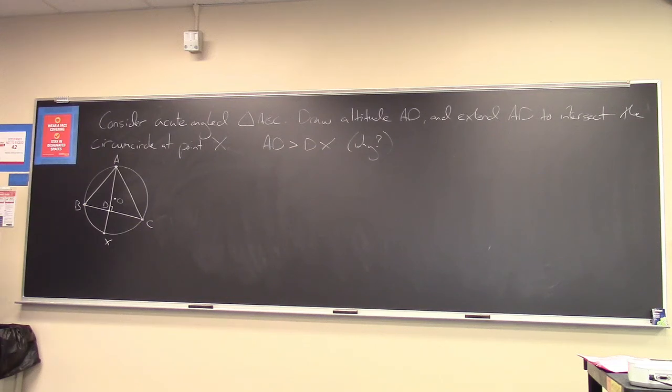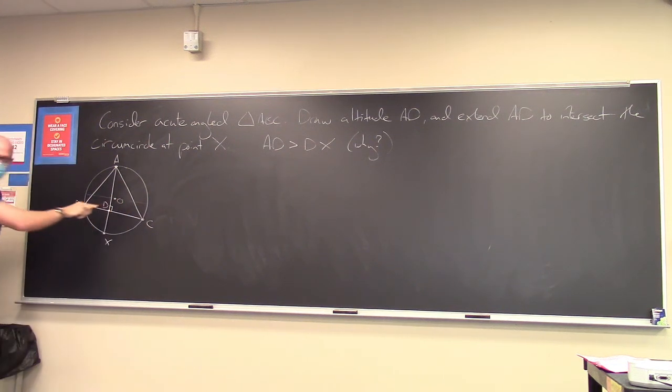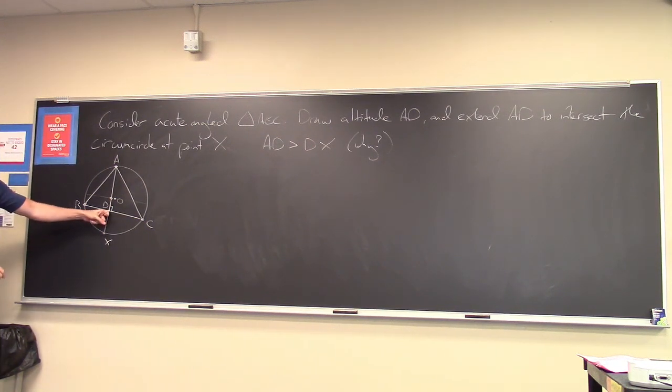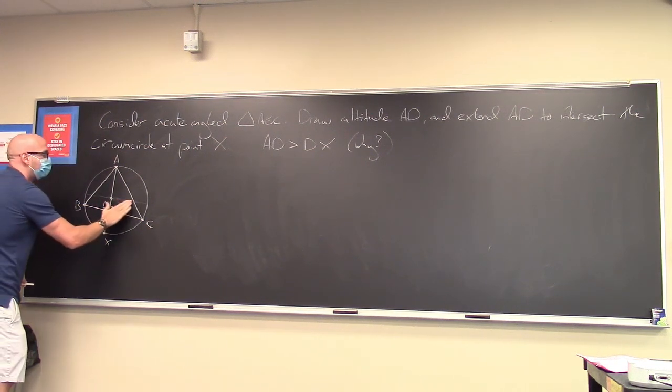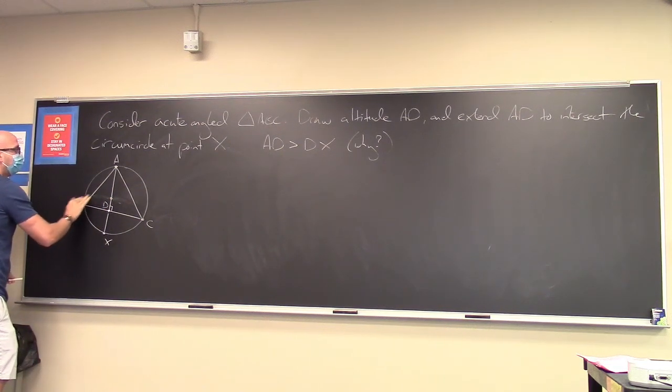A formal argument would be something like, consider the perpendicular bisector of AX. The perpendicular bisector of AX must be parallel to BC and passes through the circumcenter. So this is already halfway along the line, and I know that this point here, D, must be further along. So okay, we have this.